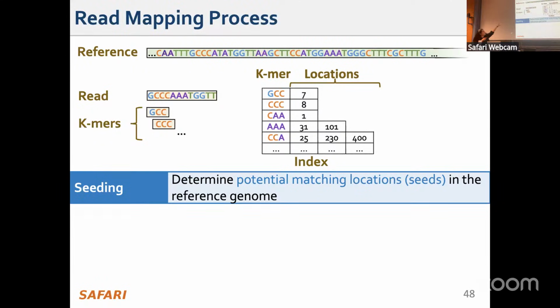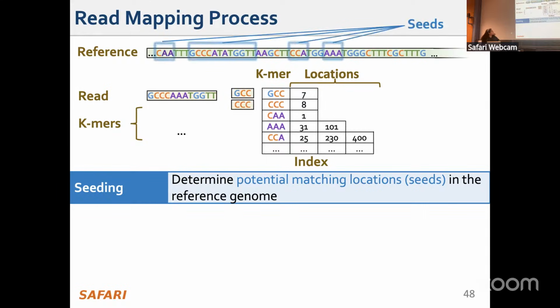Pictorially, I'm drawing a read that is quite small, but reads typically are larger. That is why we need to extract these smaller subsequences of length k to make it searchable. Otherwise it will be very difficult to search. So we look up these k-mers in the index, and based on their positions, we mark some places as seeds. So wherever this read maps, it will be one of these places.